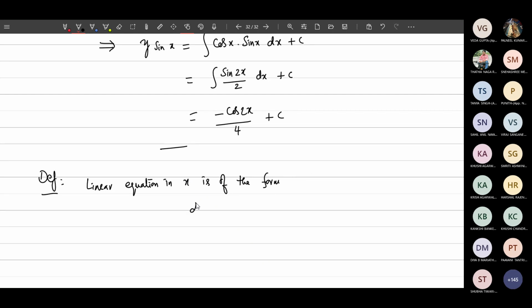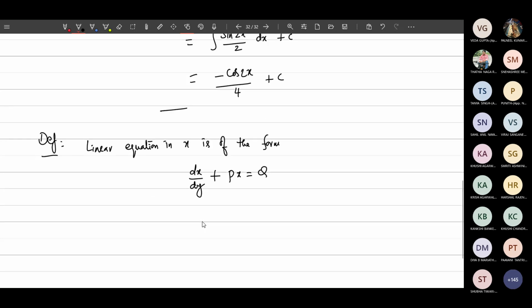dx by dy plus px equal to q, where p and q are functions of y only.